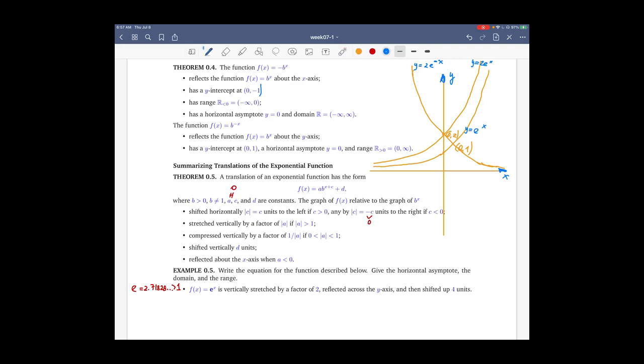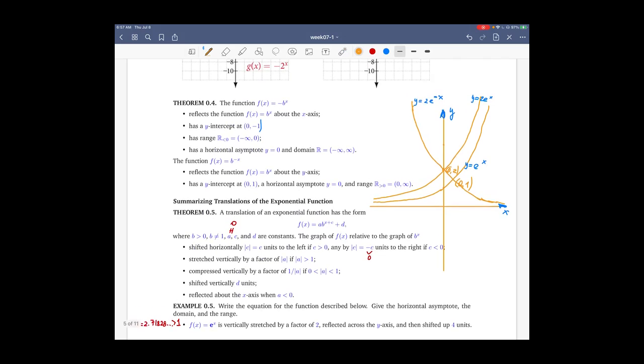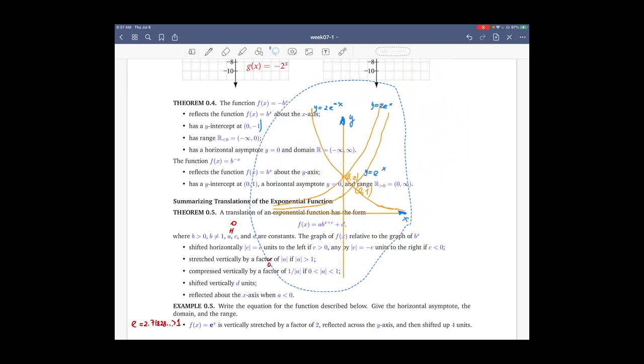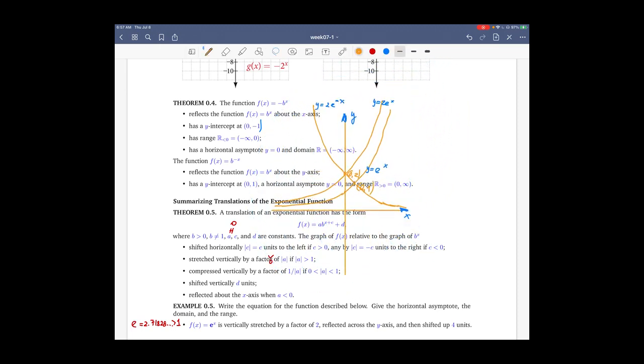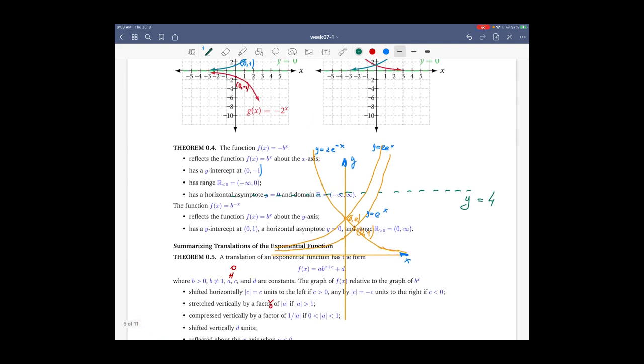So if we draw the line y equals 4, I should take my last function and shift it upward by 4 units.